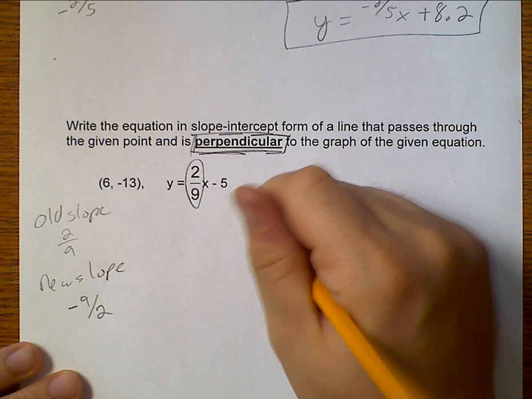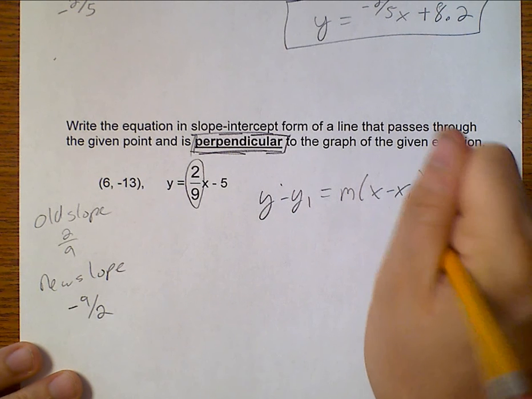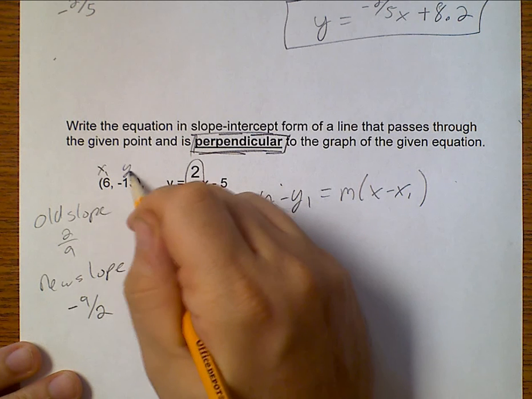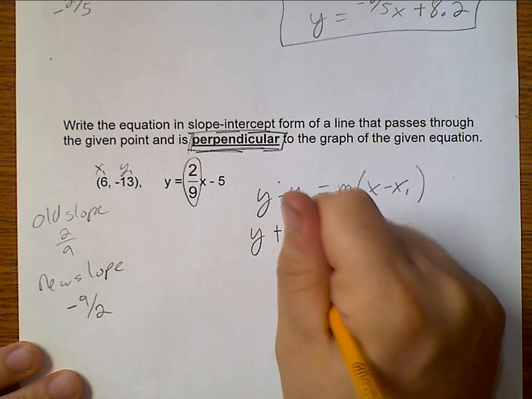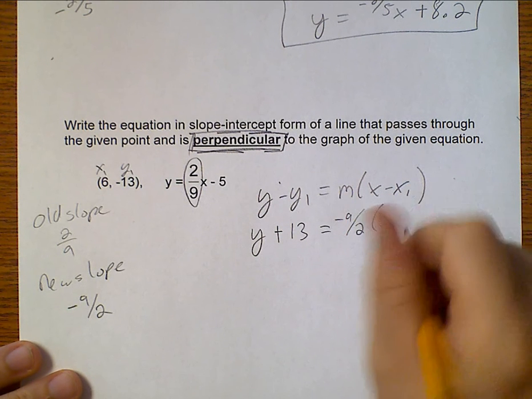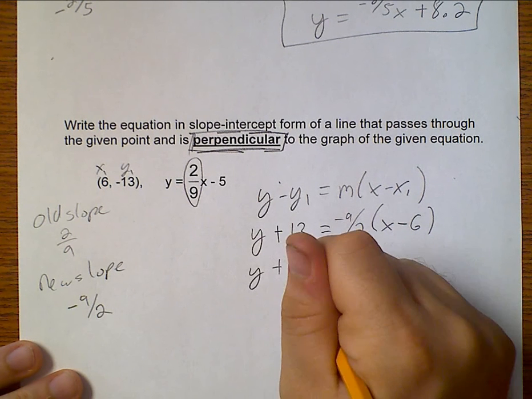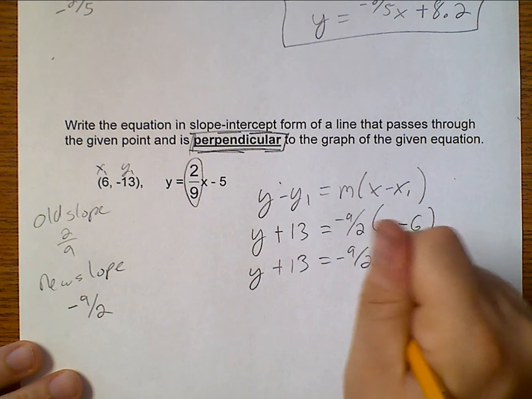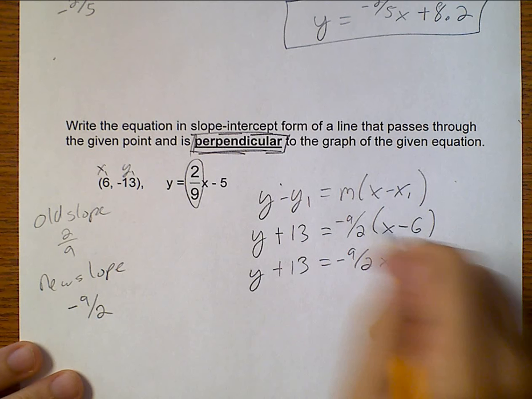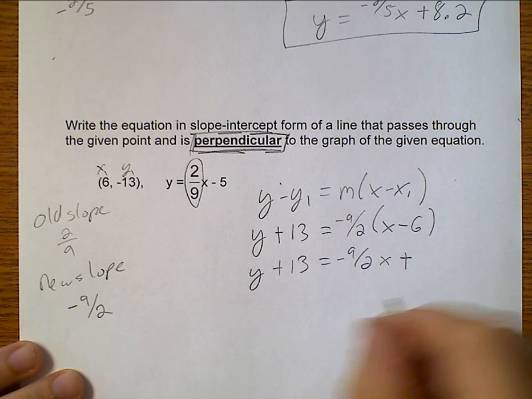So y minus y1 equals m times x minus x1. So y minus negative 13, which is really plus 13, equals a negative 9 over 2 times x minus 6. And so y plus 13 equals a negative 9 over 2x minus, or rather plus, because negative negative make plus, 27.